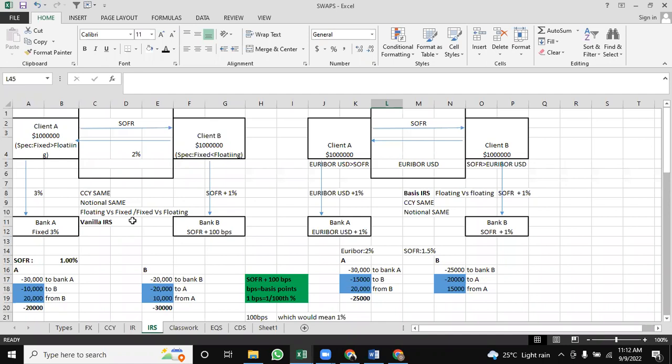So he receives SOFR plus 1%, and he'll pay a fixed to the swaps bank in order to reduce his borrowing cost in case this fixed stays below the floating. Is this clear?